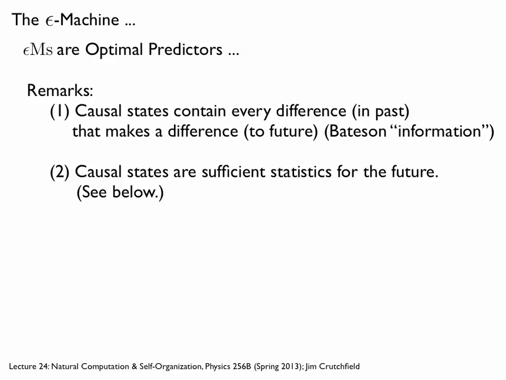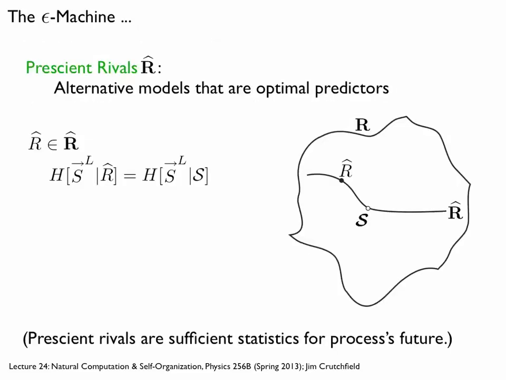So it nicely encapsulates a concrete version of his informal definition of information. Another way to say this, and I'll come back and introduce the notion of sufficient statistics: the causal states are sufficient statistics. In short, anything you want to calculate about a process can be calculated from the Epsilon machine. But I'll prove that to you.